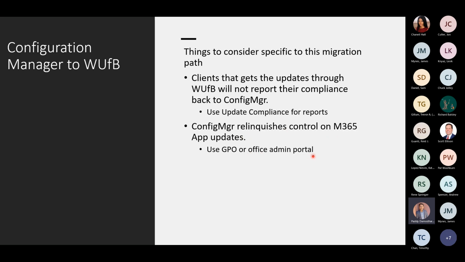And one more thing to call out for Office Admin Portal is this is a new addition under the Microsoft 365 app updates, and you can use this portal for monthly updates rather than using it for other versions of Microsoft 365 app updates. You can use this for the monthly channel release.